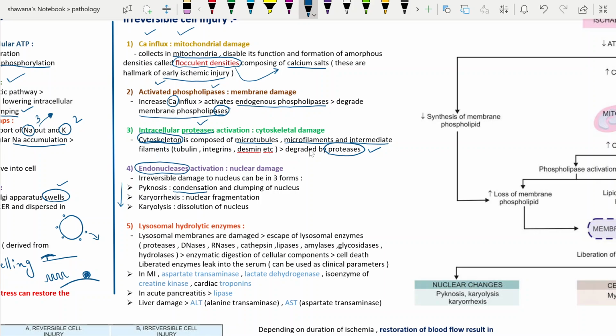The second is karyorrhexis, which is the fragmentation of the nucleus. The last stage is karyolysis. Lysis means dissolution. Up to this point, even if the stress is removed, the cell cannot return to the normal state because of the nuclear damage.